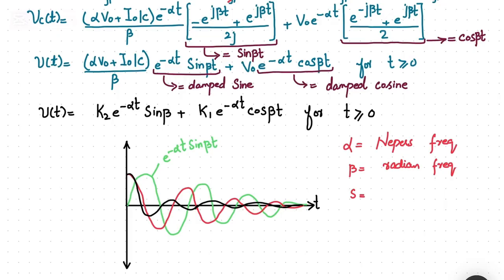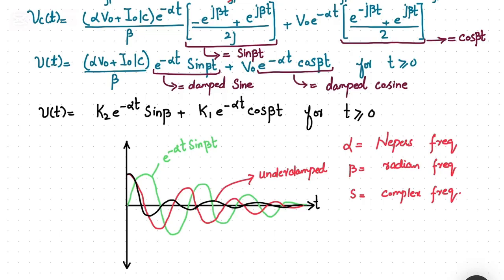The roots of the characteristic equation, which are represented by s, are also known as complex frequency. This type of response is known as underdamped response, because this response goes negative and then goes up, becoming positive, and so on, oscillating around the x-axis.